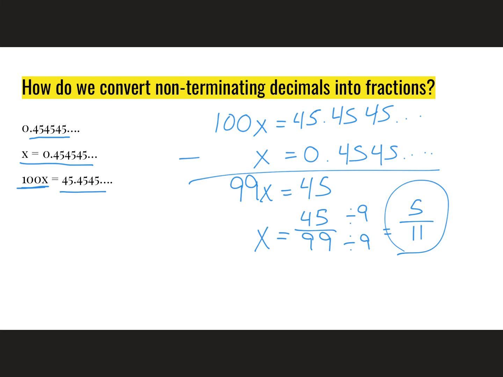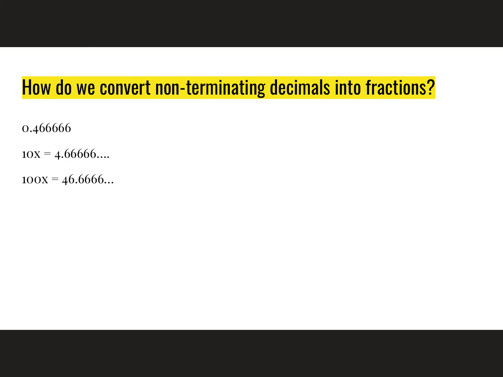And to check this, I could just put 5 over 11 into a calculator and make sure that I get 0.454545. Well, what if I have something like this, where the first digit doesn't repeat, but the rest of the digits do? In that case, in order to work this, I need to do 10x and 100x. In this case, I have 100x equals 46.6666.